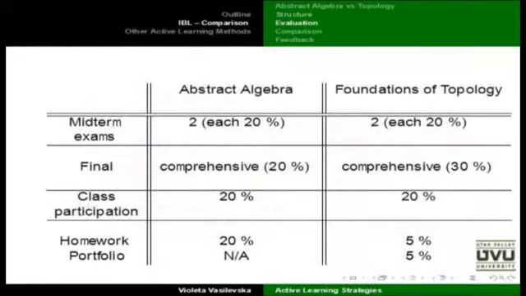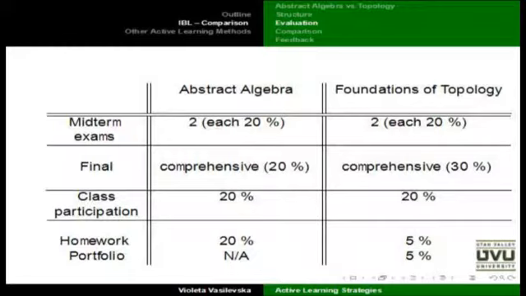For the evaluation, it was almost the same, except the final for my Foundations of Topology class was 30% versus 20% for the Abstract Algebra course, and the difference was mostly in the homework and portfolio.